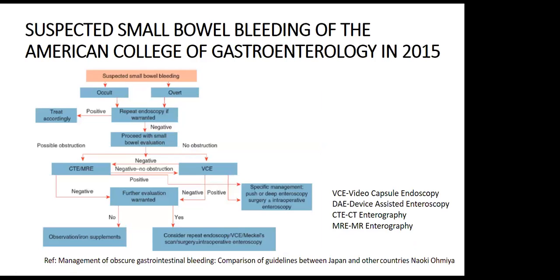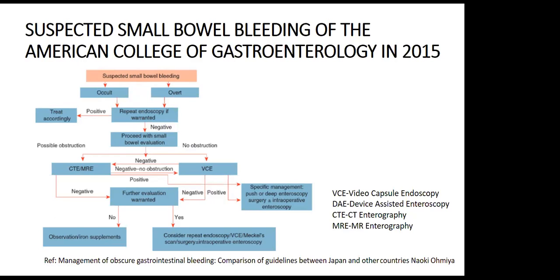And in the case of suspected small bowel bleeding, according to the American College of Gastroenterology, whether it is occult or overt bleeding, on repeated endoscopy, if it is positive, we have to treat the underlying cause. If it is negative, we have to evaluate for further small bowel causes, and if there is any obstruction, we have to go for CT enterography or MR enterography.